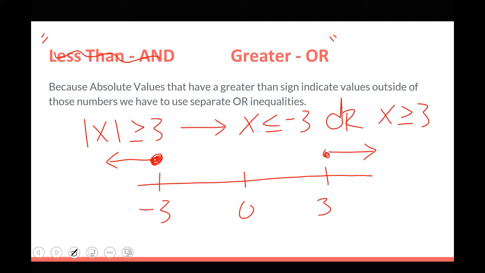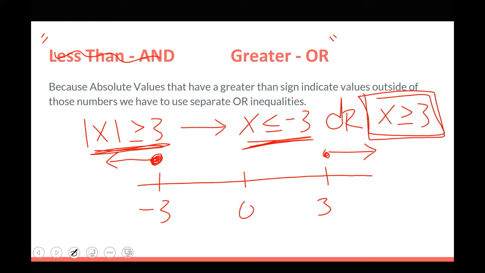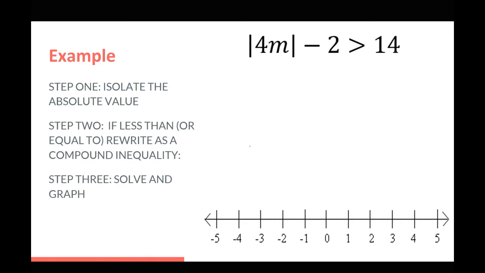I want to point out that there is one inequality that looks very similar to what we started with, and then another one that's completely backwards. The sign's flipped and we have a negative instead of a positive. That always happens.